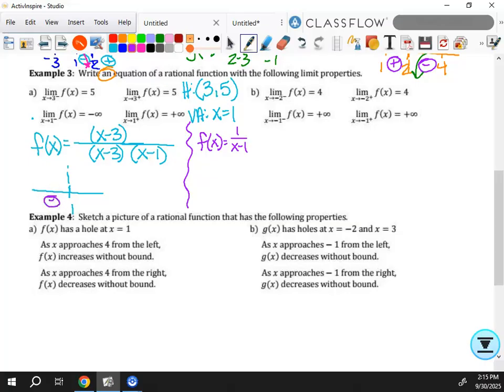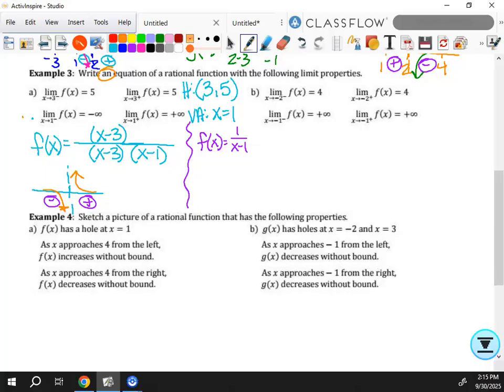To the right of 1, I could do 2. That would be positive. So that means that as I approach from the left, I'm going to negative infinity. As I approach from the right, I'm going to infinity. Is that what my limits say? Yes. If it was opposite, then I would need to put a negative sign out front, so that it would flip it around. But I think I'm good on that.